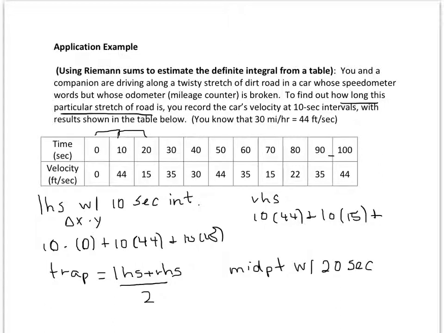In that case, I do think it's helpful to draw the little bridges. In that case, I'm going to do 20, change in x. Midpoint is the y value in the middle, 44, plus 20 times the y value in the middle, 35, and so on.